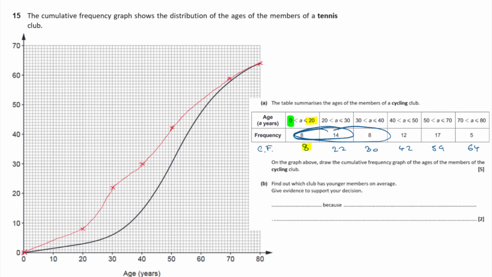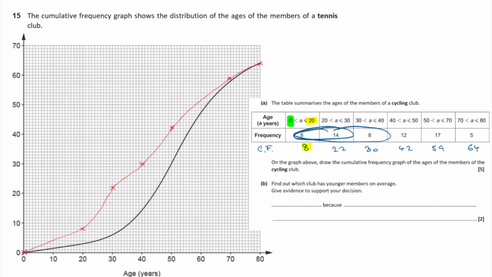So you don't want to miss the points, and you don't want to draw multiple lines. Other than that, you're allowed to have a little bit of wiggle wobble with your line drawn in between. Like I say, this one's kind of got a bit of a weird hump there at 30, but that is where the data says, and I did double check it, so it must be good. Okay, other than that, I'm happy with my graph.